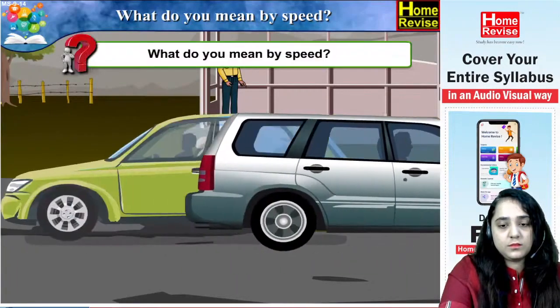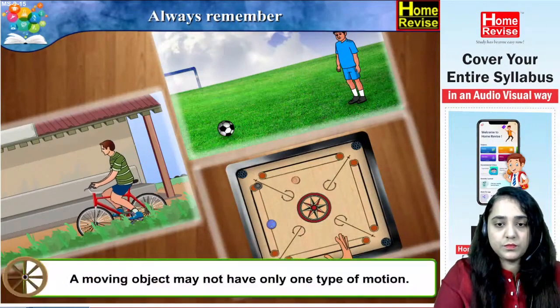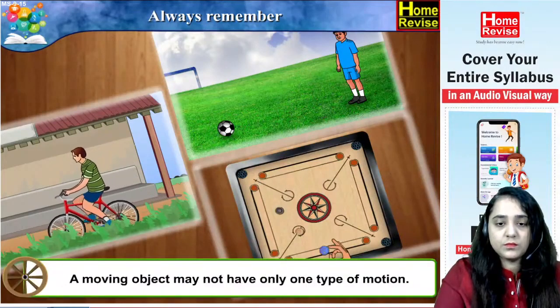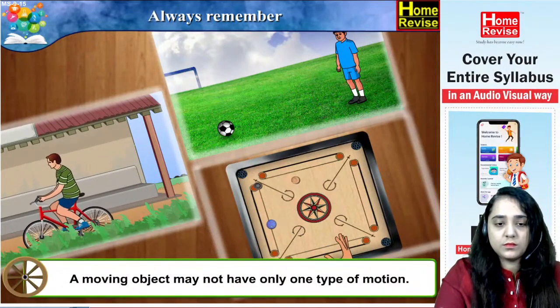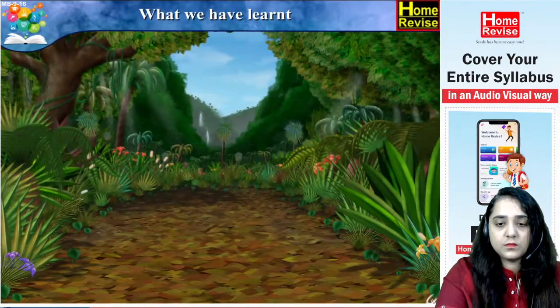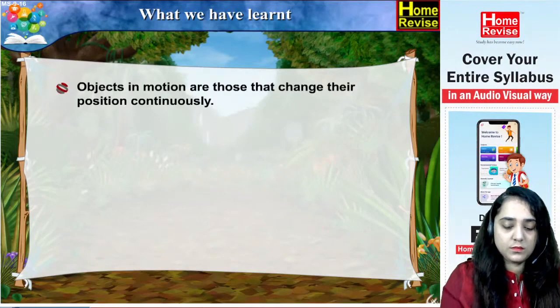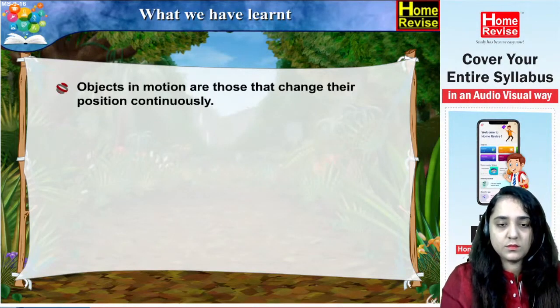What do you mean by speed? Always remember, a moving object may not have only one type of motion. What we have learned: objects in motion are those that change their position continuously.